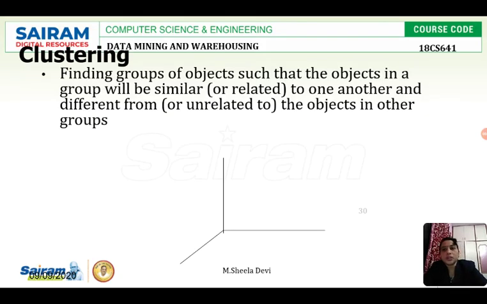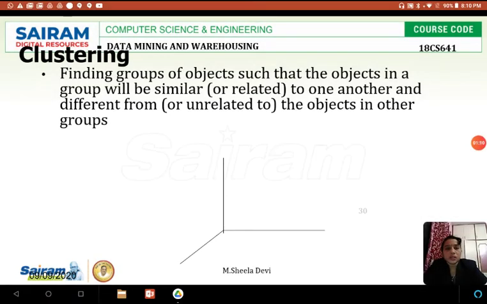If you see clustering, it is just grouping of objects such that the objects in the group will be similar to one another and different from the objects in other groups. Say I have some data with features like blue eyes, long hair and rosy lips, then I'll put it under female.